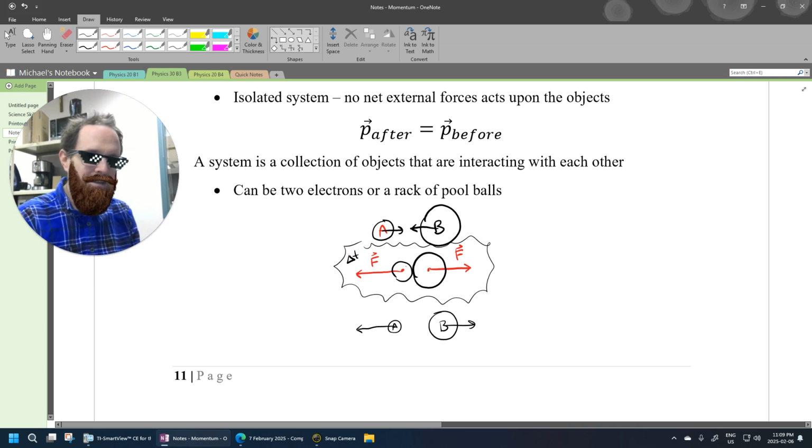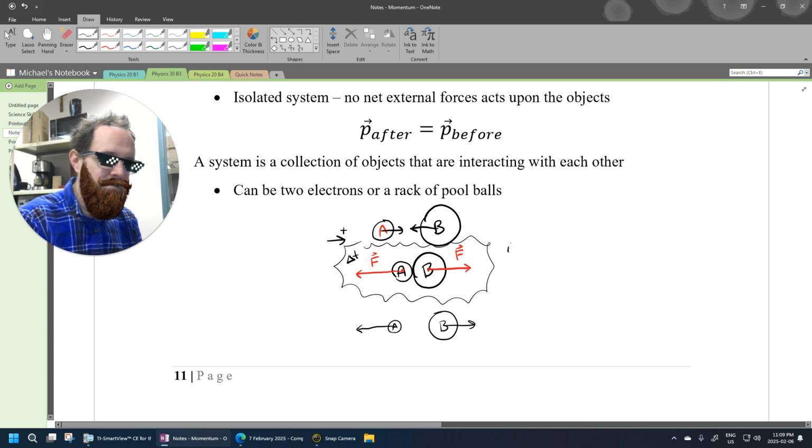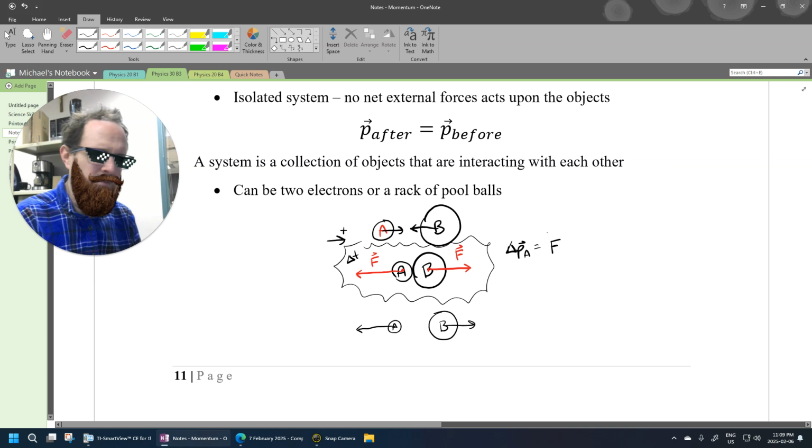If I calculate the impulse on A and the impulse on B, and let's just say this way is positive for now, the impulse on A would be, oh, it's negative force times time.